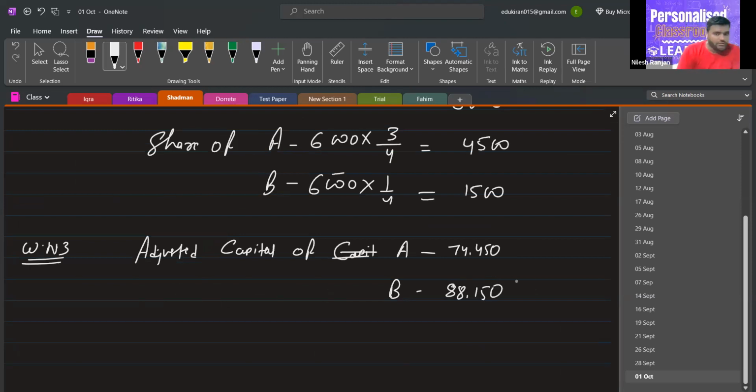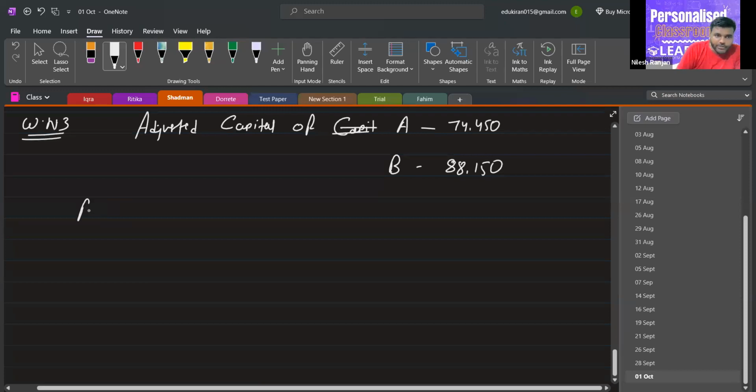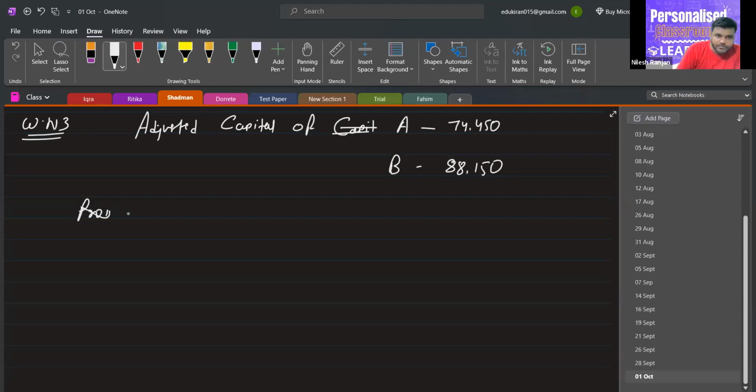Now, after adjusted capital, we have to calculate proportionate capital. To calculate the total capital of the firm, which formula do we use?